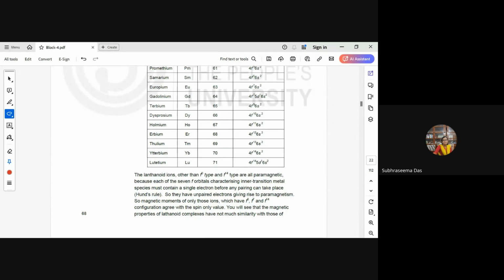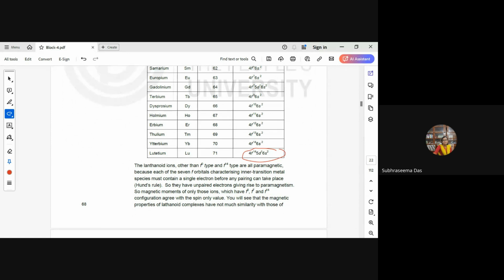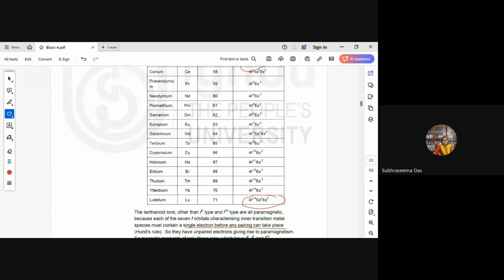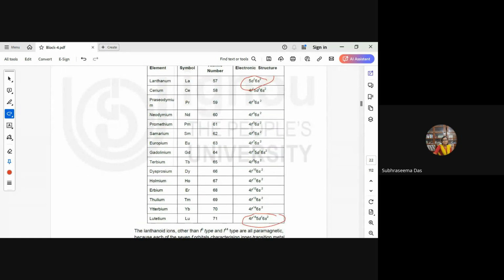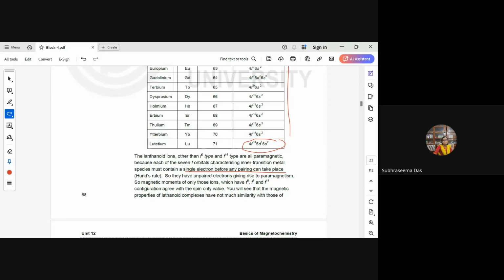If we look at this table, apart from f0 and f14, at the start and end of the series, all other elements in this series are paramagnetic in nature because of the unpaired electrons present. Because of the presence of these unpaired electrons, paramagnetism occurs.